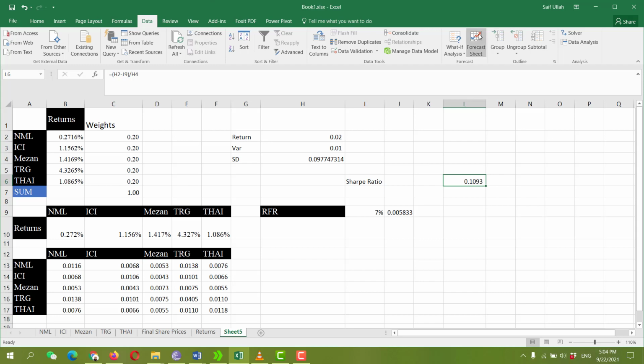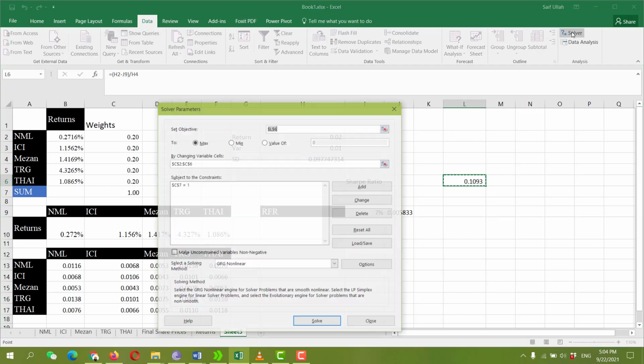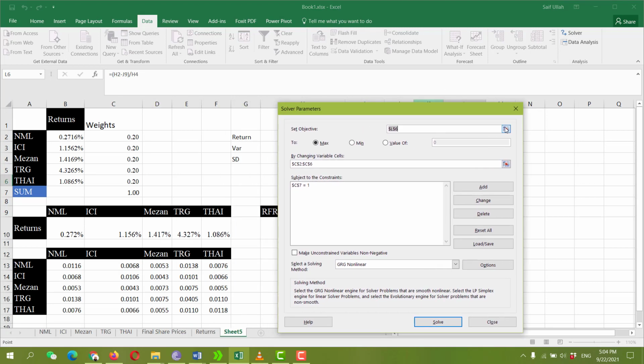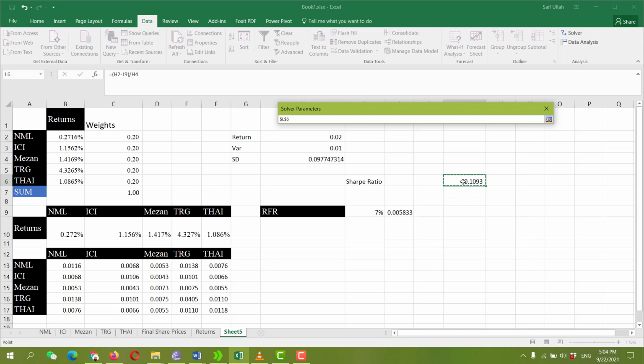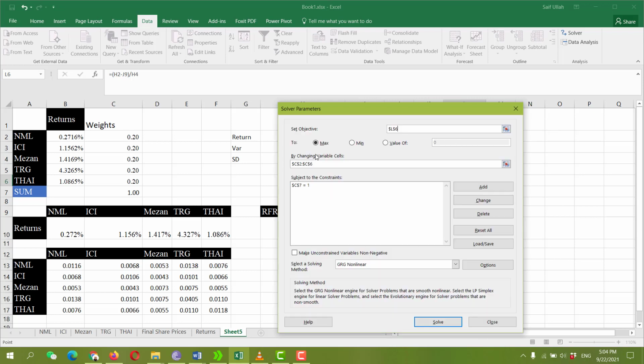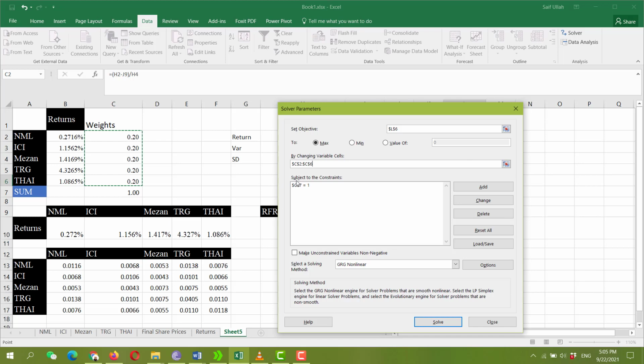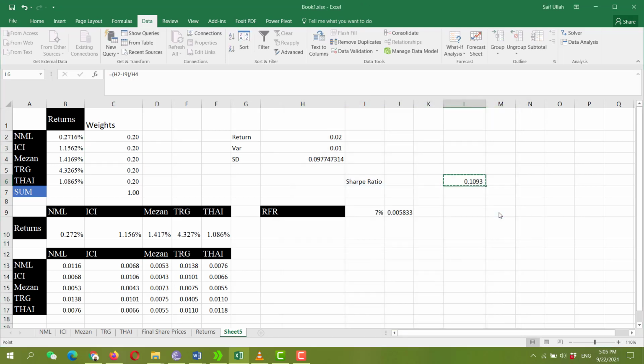To optimize portfolio risk and return, I will go into Data and click on Solver. In the Solver feature, I will set the objective, select Sharpe ratio, and then maximize. By changing cells, I will write here the weights of the portfolio, and there is already a constraint here, I will delete it to show it.